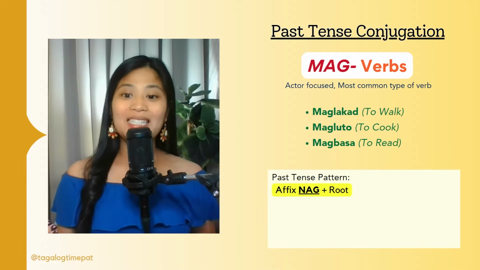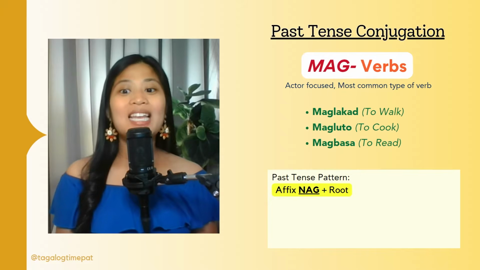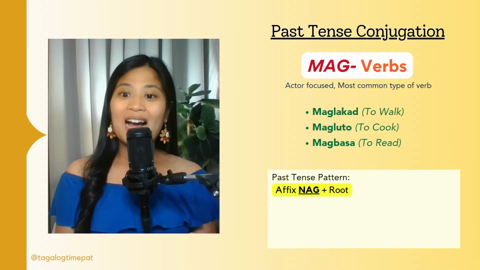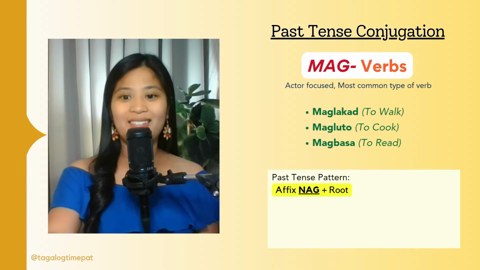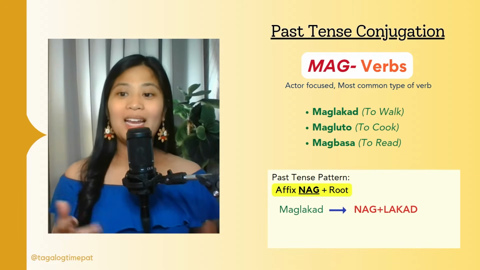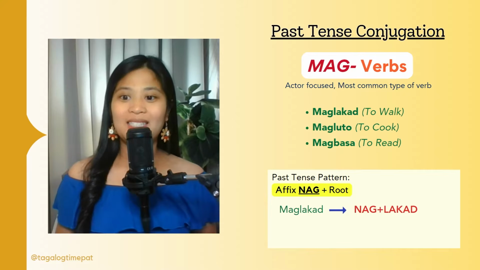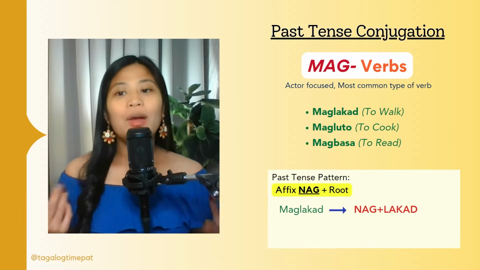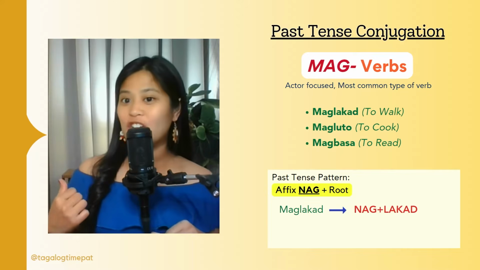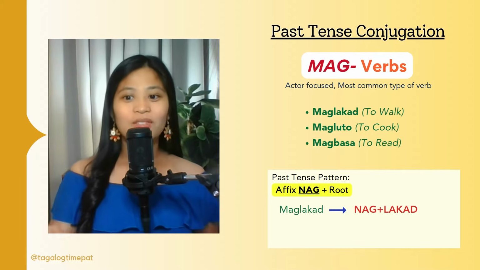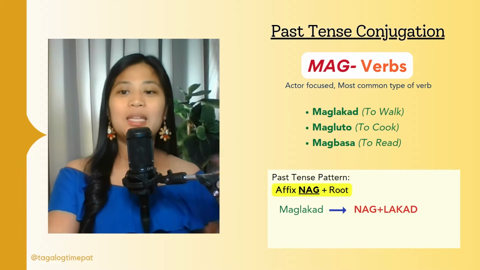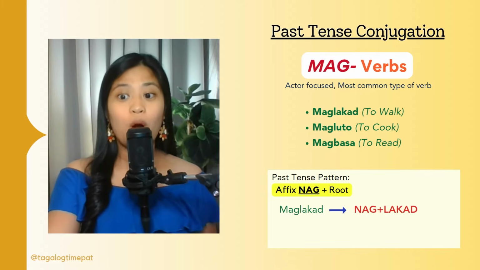Now, in the past tense, you have to add the affix nag in the beginning. So now the pattern is nag plus the root. For example, maglakad in the past tense is naglakad. Naglakad ako, I walked. Naglakad siya, she walked. So naglakad is the past tense of to walk in Tagalog.